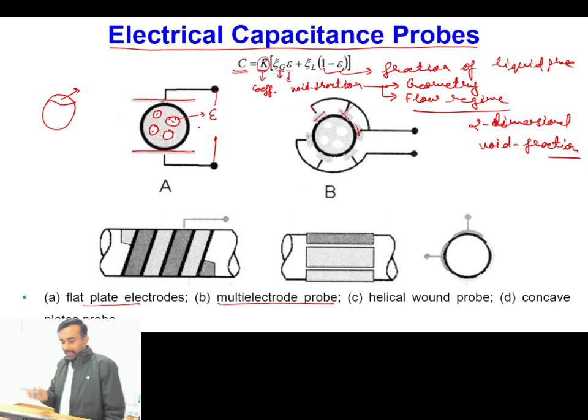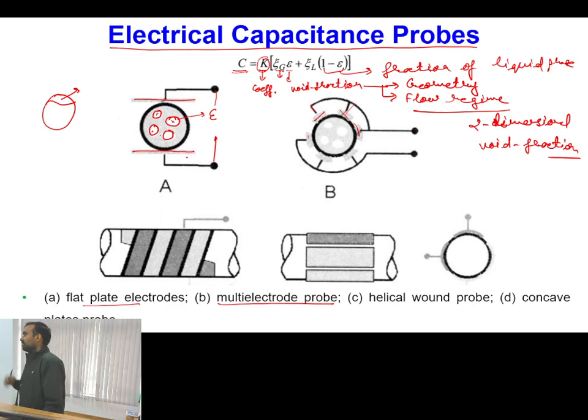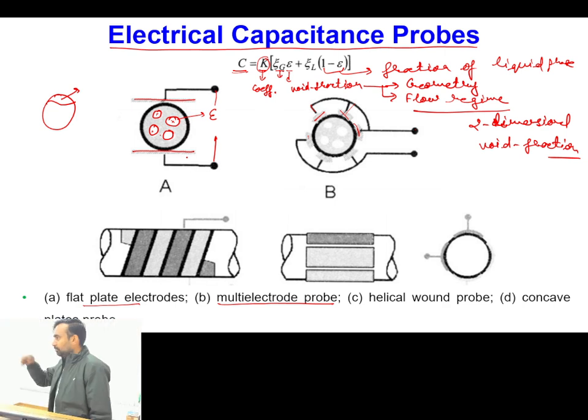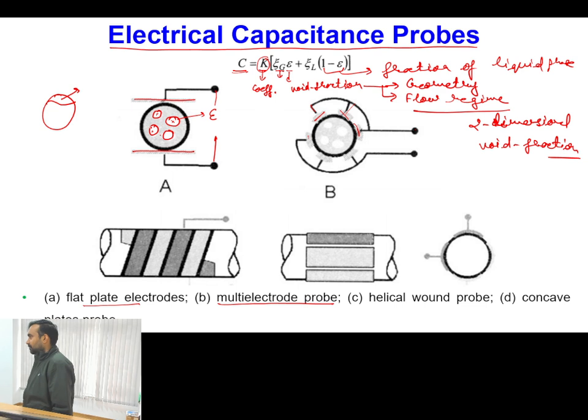It is giving the change in value of capacitance depending upon the amount of phases present within the pipe cross section. As it is talking about the complete pipe cross section, depending upon the amount of gas present, it is changing its capacitance value.